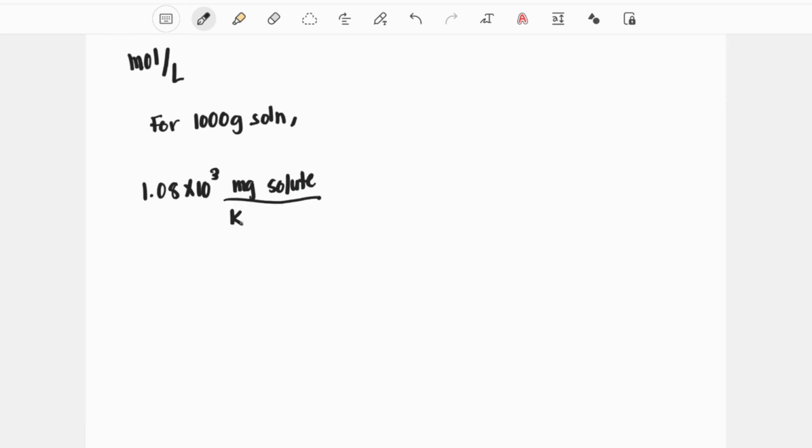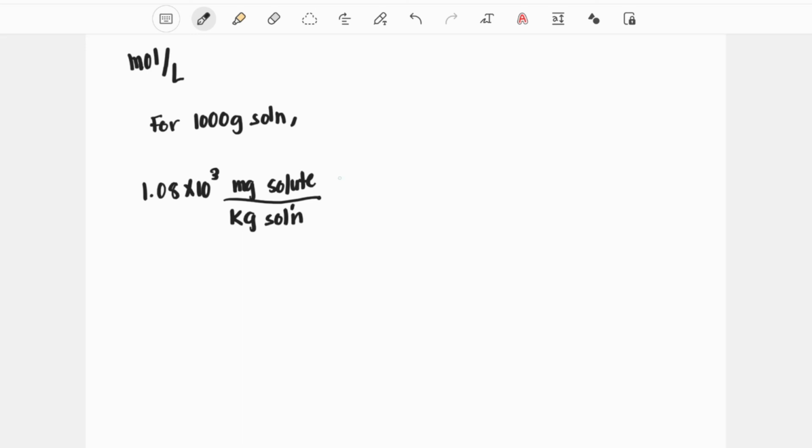I know that I need moles per liter, so I'll take my value that could lead to moles at the numerator and the value leading to volume at the denominator. So for 1000 grams of solution, let me start with 1.08 times 10 to the 3 milligrams of solute per kilogram of solution.